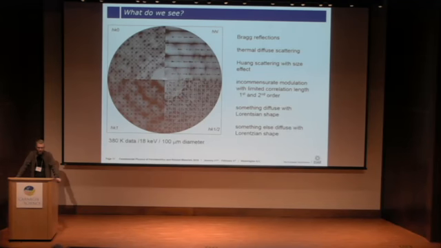And what we see here: Bragg reflections, thermal diffuse scattering, Huang scattering with size effect, incommensurate modulation with limited correlation length, so not Bragg, but some spots, something diffuse with Lorentzian shape, and something else diffuse with Lorentzian shape.